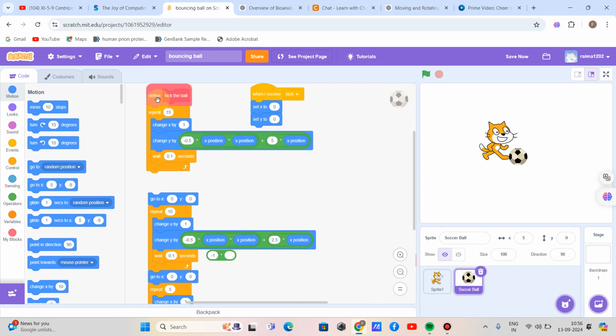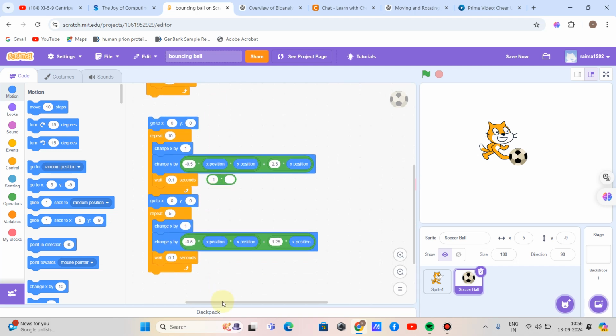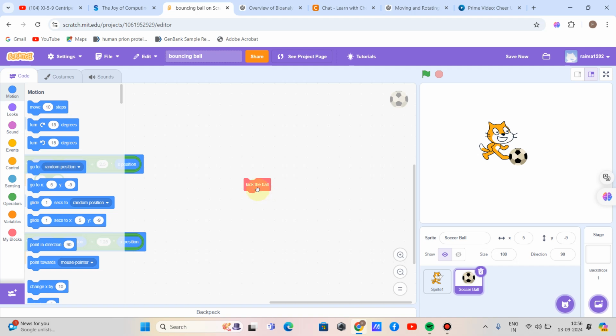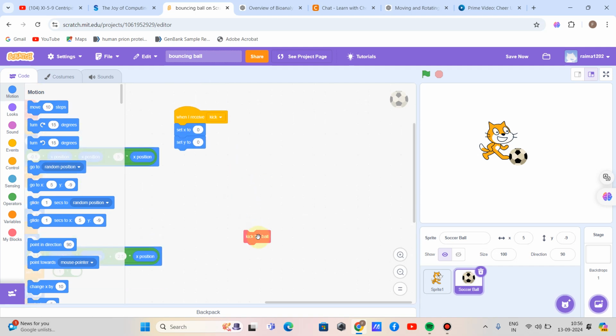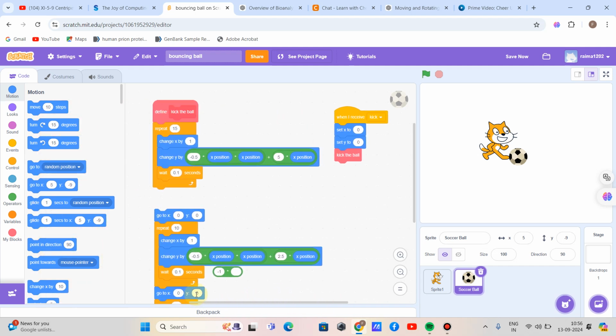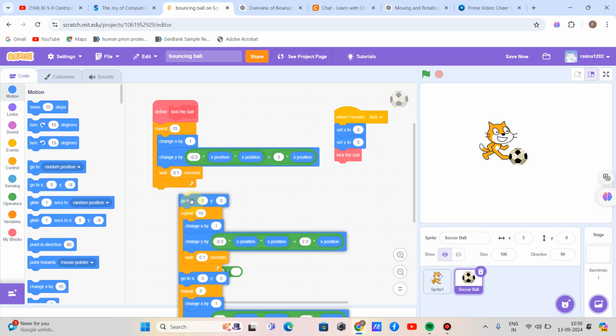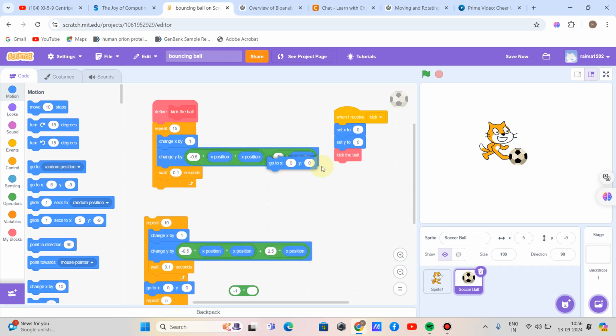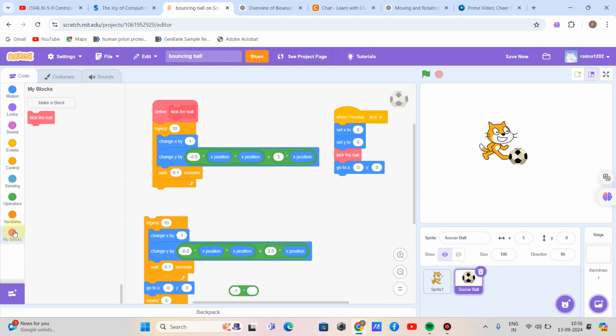Let us see what's happening. I directly tell the cat to kick the ball, and after one kick I make the ball reach the same 0, 0 point again, and again tell the cat to kick the ball.